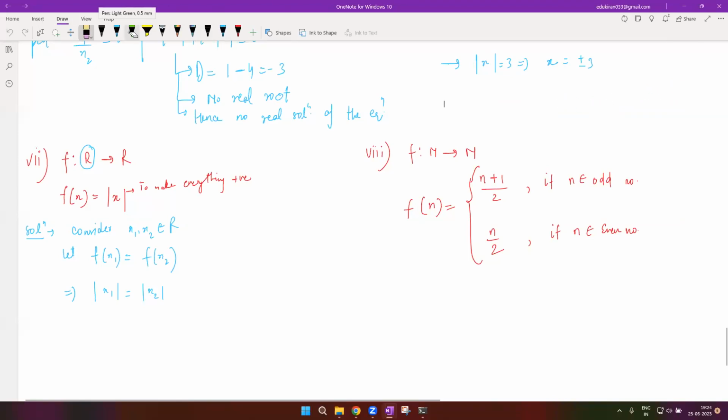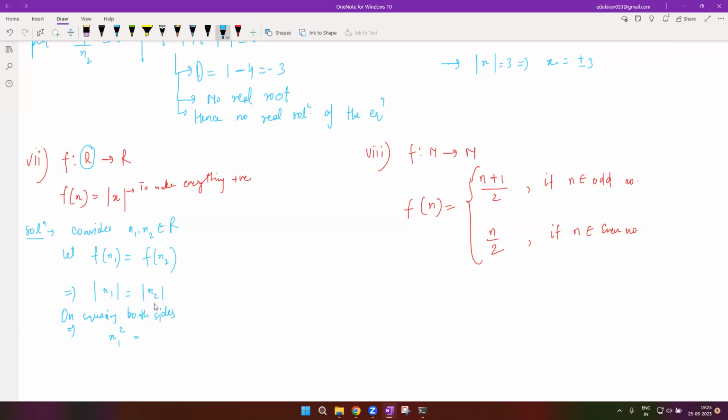To remove mod, you just square both sides. To remove modulus, you can square both sides. So in this case, on squaring both sides, this becomes mod of x1 whole square, which is basically equal to x1 square.